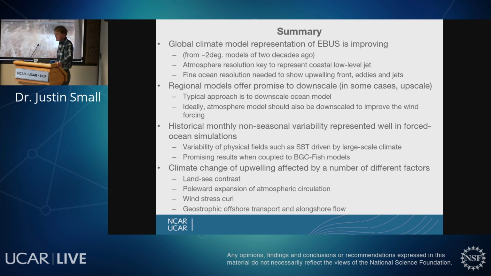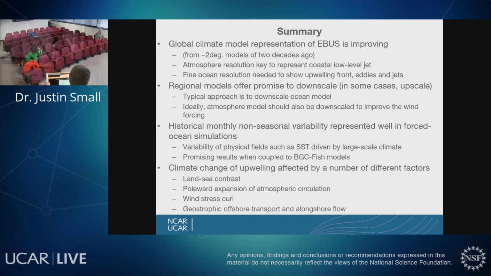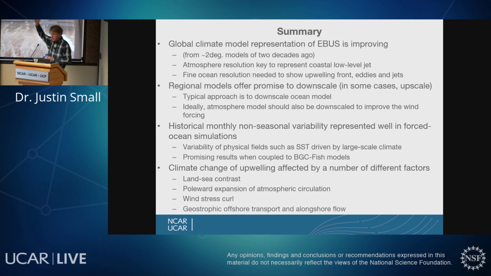Yeah, I guess two questions. One is, is it too simple to say that more upwelling means better fish catch, or is that a good generalization, is it correlated? I think that's too simple, and I'm not the expert, but I've read papers where an increase in vertical upward velocity does not exactly equal a higher fish catch.